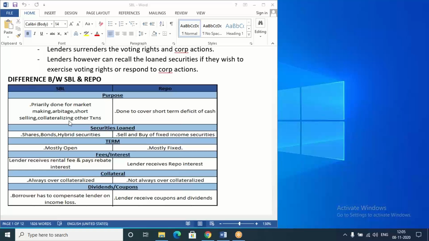Yes, ma'am. So in central counterparties, you would need to collateralize your deals. So that's why stock borrow lending is primarily done for market making, arbitrage, short selling, and collateralizing other transactions. Whereas your repo agreement is done because there's a short term deficit of cash and the borrower requires cash. Okay? Is that clear?